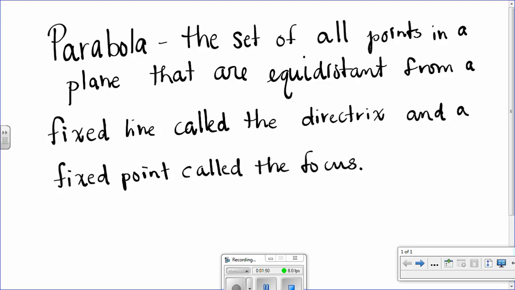Okay, so a parabola is a set of all points in a plane that are equidistant from a fixed line called the directrix and a fixed point called the focus.